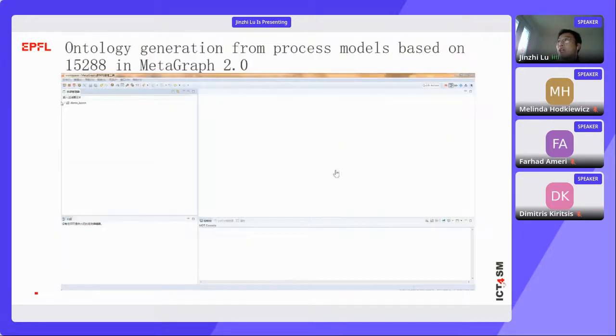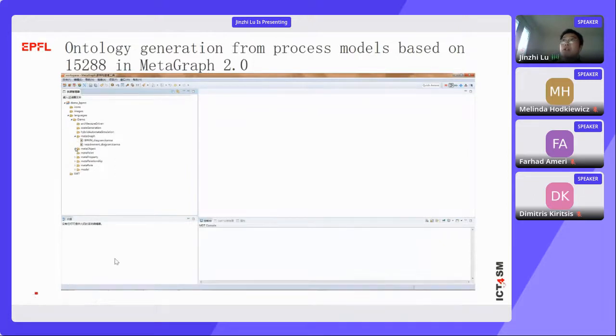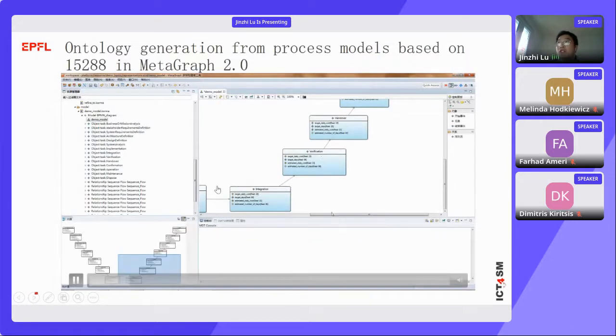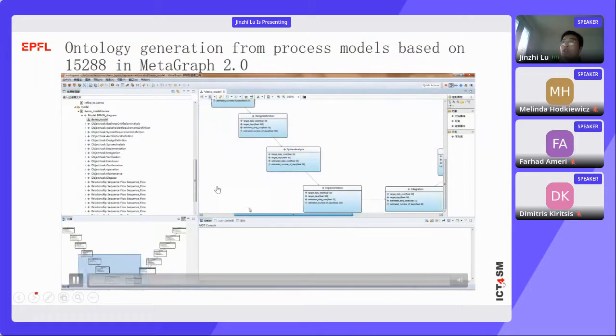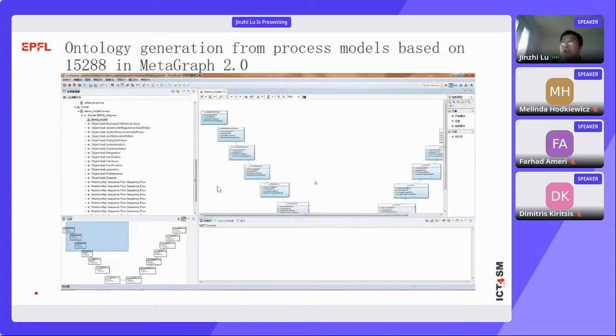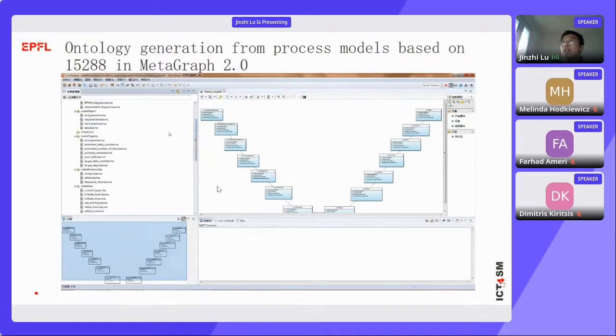So we have one demo developed by our partner and us. We developed one architecture model to represent the system life cycle. You can see this is a V model for the whole life cycle, but this is a very simple case in order to let other people understand what happened here. So you can see this is a life cycle process.